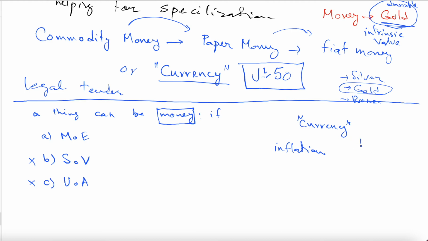So if inflation happens, currency is losing purchasing power. It means that it is no longer good for store of value. If there is inflation, you should not hold money.